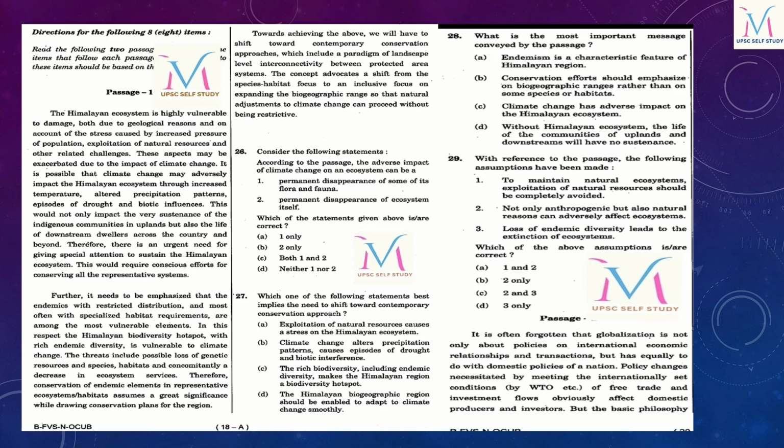Climate change alters precipitation patterns and causes episodes of droughts and biotic interference. The rich biodiversity, including endemic diversity, makes the Himalayan region a biodiversity hotspot. The Himalayan biogeographical region should be enabled to adapt to climate change smoothly. For this, the answer D is correct.